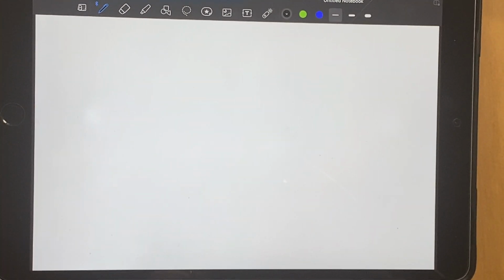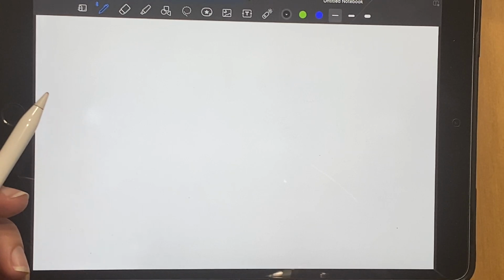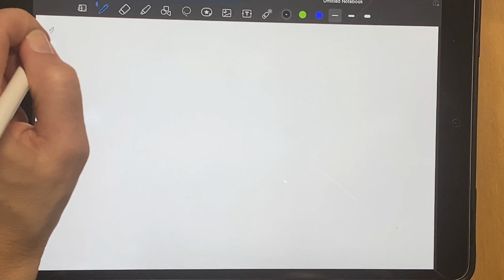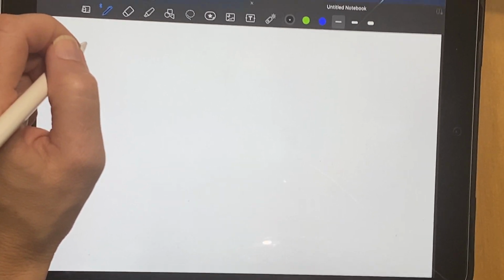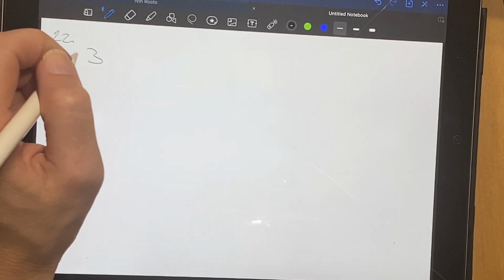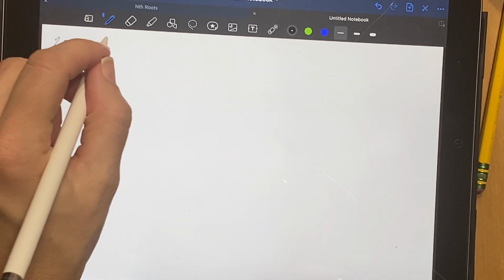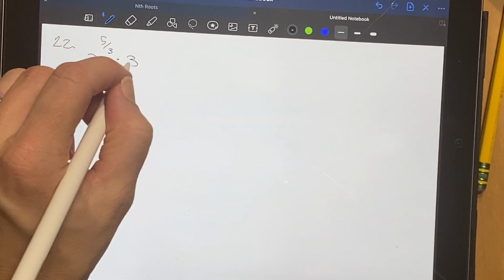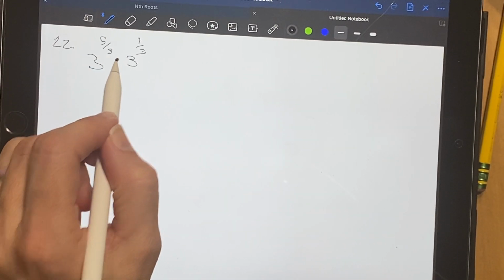Okay. So 22 through 33 just says to simplify the expression. So when we have ones like 22, it says 3 to the 5/3 times 3 to the 1/3. I first look and say multiplication.